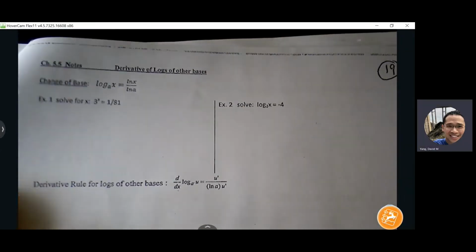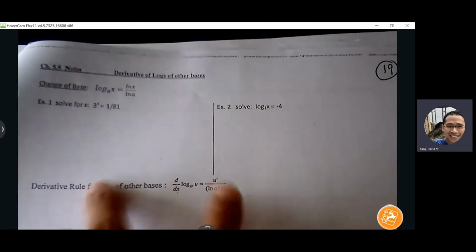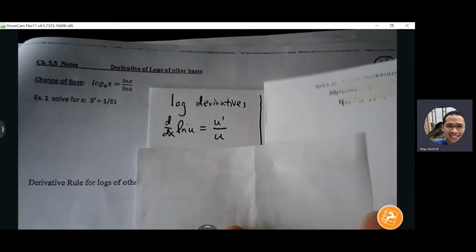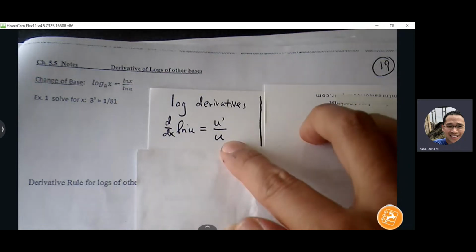Okay, I'm going to skip some of these examples here, and instead, I just want to talk about how we can kind of move towards the rule that we're about to use.